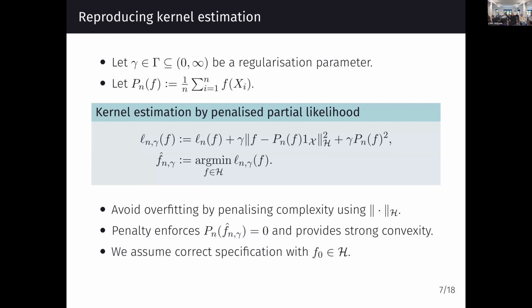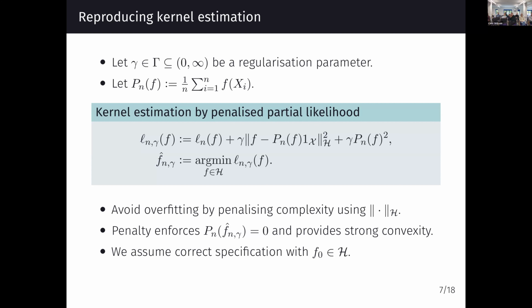The reason that we subtract off this Pn of f inside is exactly for this identification reason again. We already know that the partial likelihood is invariant under adding constants to this function f, but the Hilbert space norm is not necessarily. So in order to make that also have the same property, we're going to subtract off a centering term inside this norm.